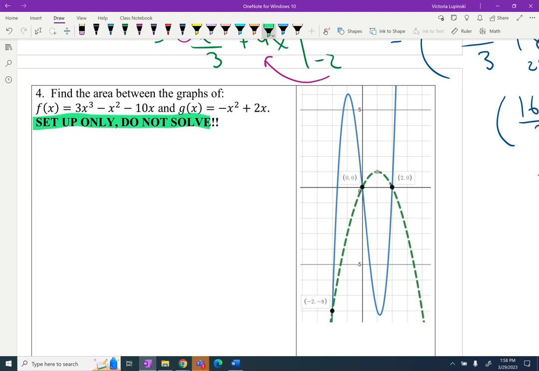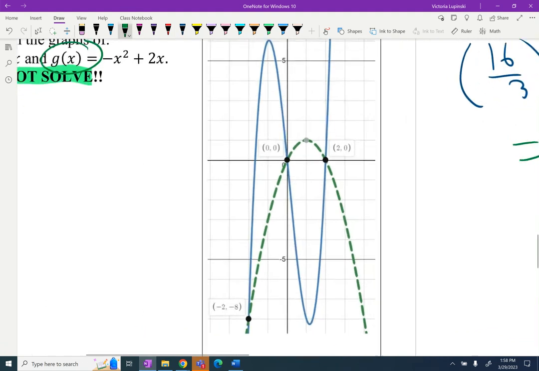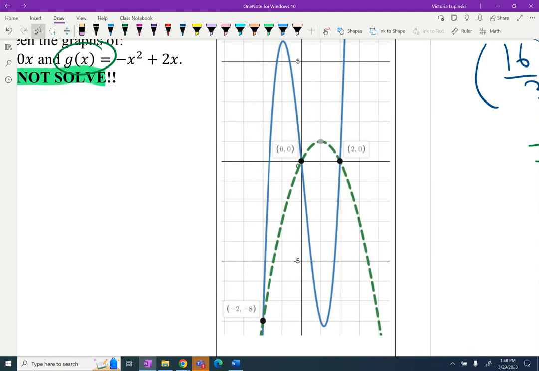So starting with the blue cubic, 3x cubed minus x squared minus 10x, that is the blue cubic. Then I have the green quadratic, which faces upside down. When I'm trying to find the bounded region, there are actually 2 of them, and I'm going to do them in 2 different colors, and there's a reason, okay? If you don't have colors, that's fine, but here's one of the regions.